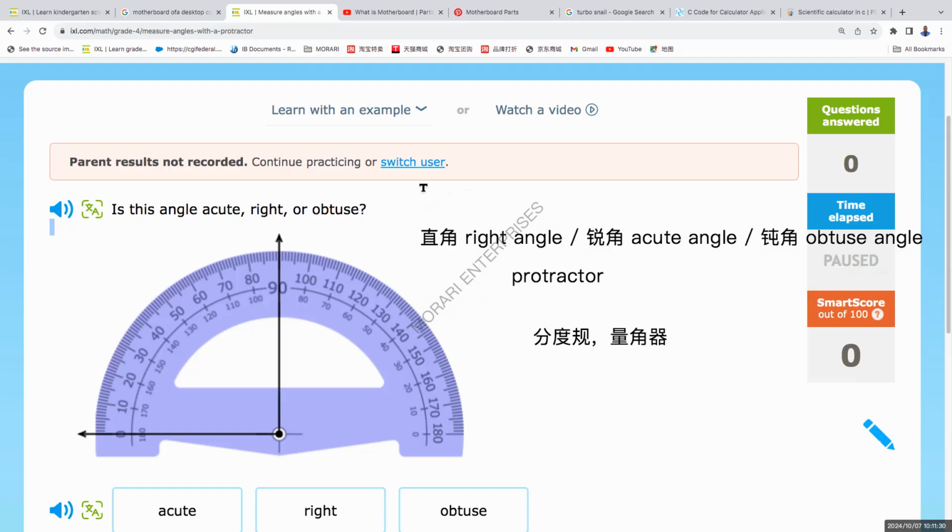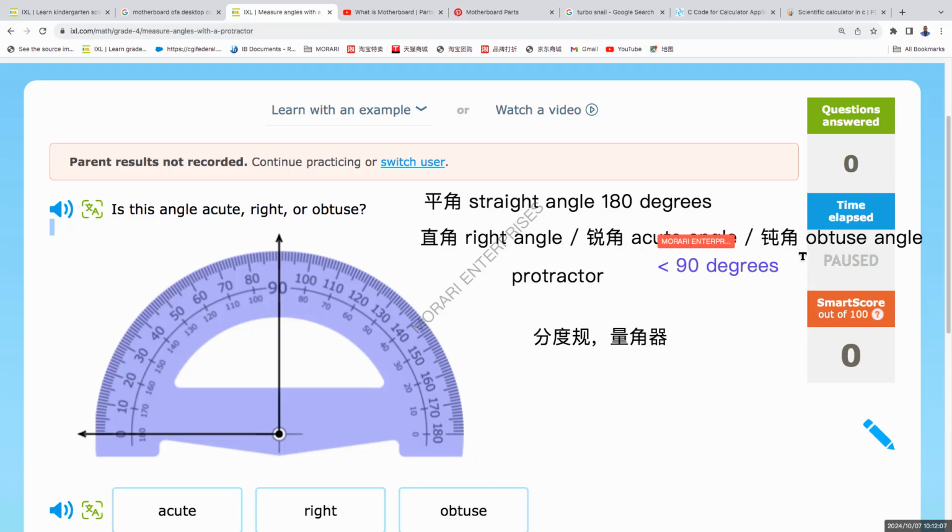Then you have 平角. 平角 is straight angle. So straight angle is 180 degrees. Acute angle is less than 90 degrees.